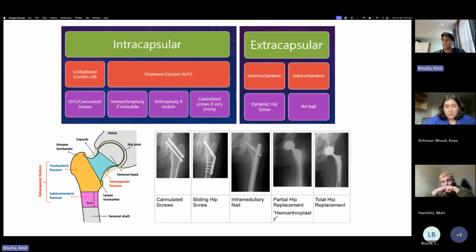So it gives it a bit of flexibility because it's in that bit in between. And then your subtrochanteric, which is towards your femoral shaft at the bottom, you just stick a nail in there, so an intramedullary nail, that will hold it in place.